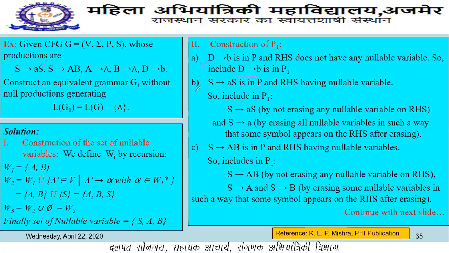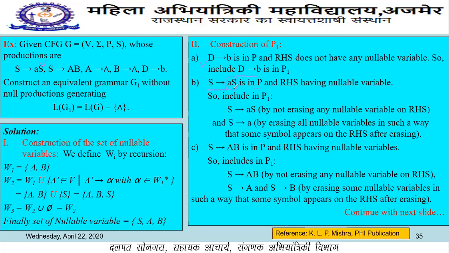Now in steps B and C, we include those productions corresponding to new productions in which the right hand side has a nullable variable. So look, a production S tends to small a and capital A, and this is a production in the set of productions P, and in this the right hand side has a nullable variable.